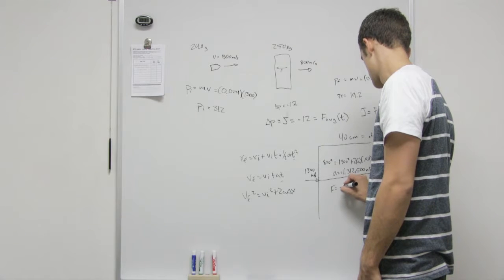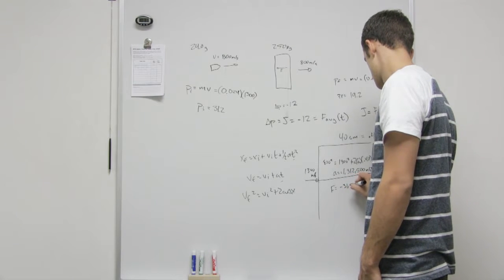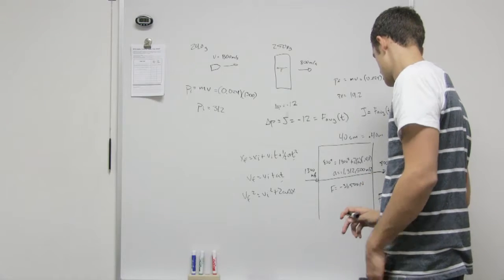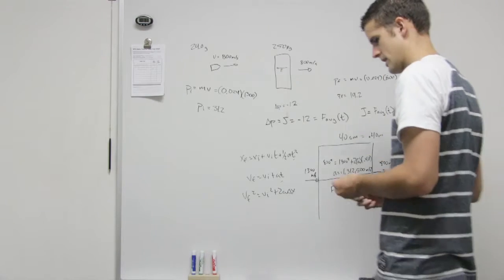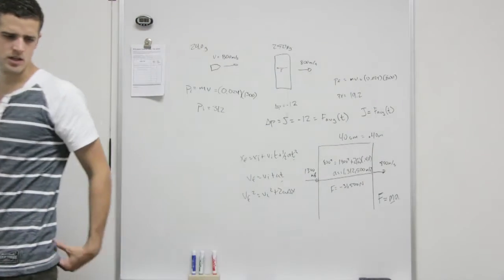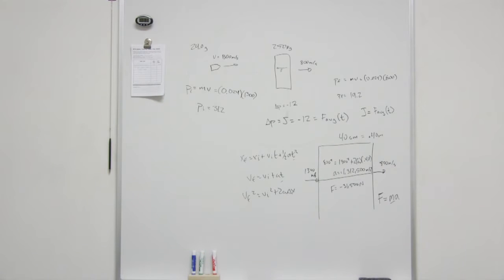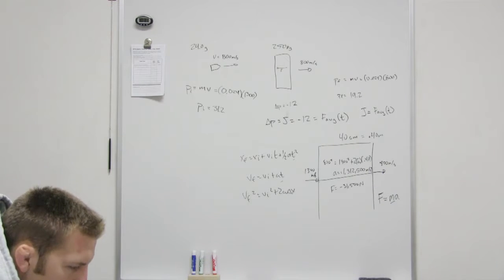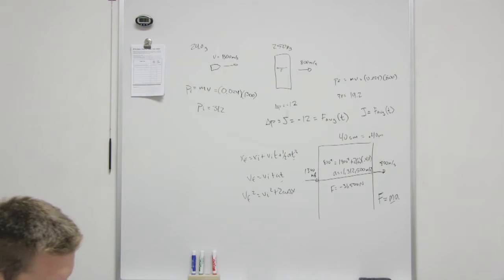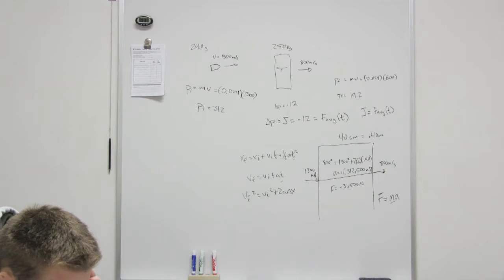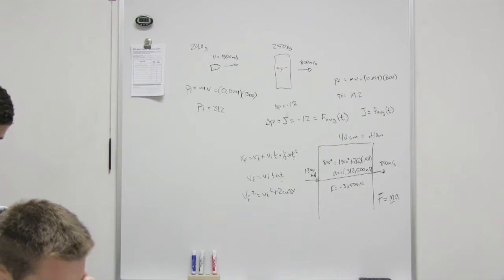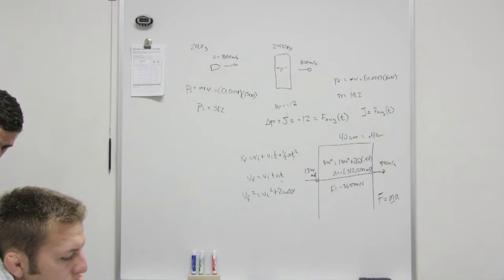Negative 31,500, I mean, newtons. That'd be the force that the target exerts on the bullet.